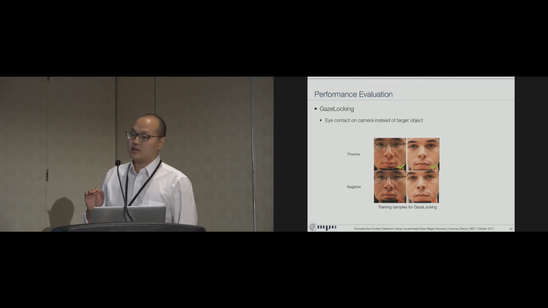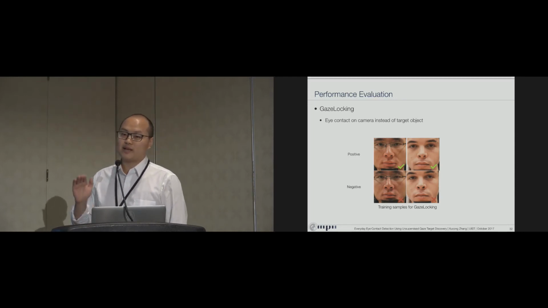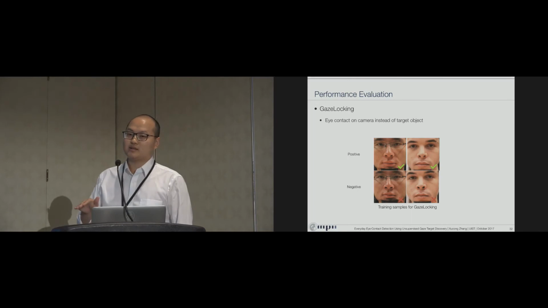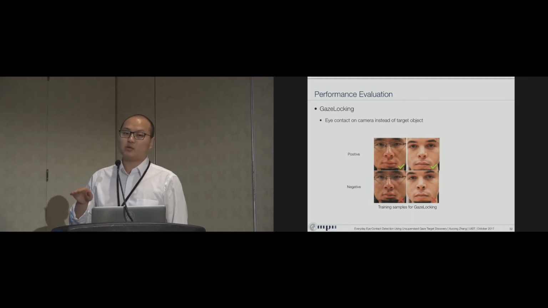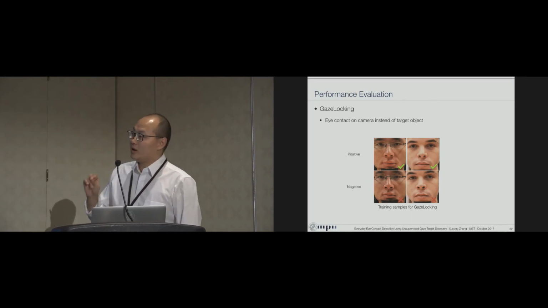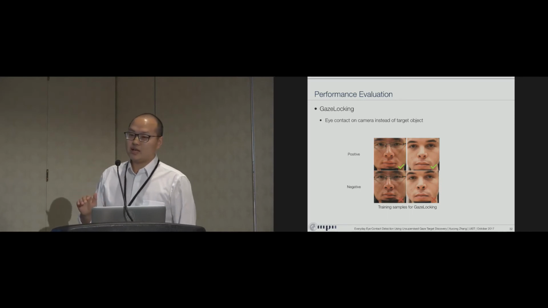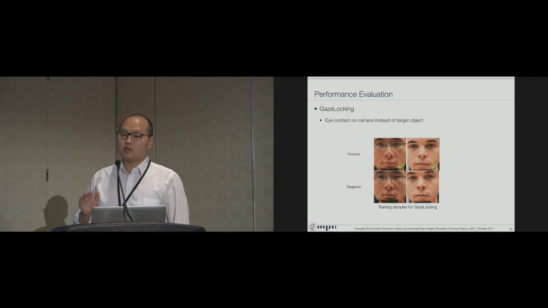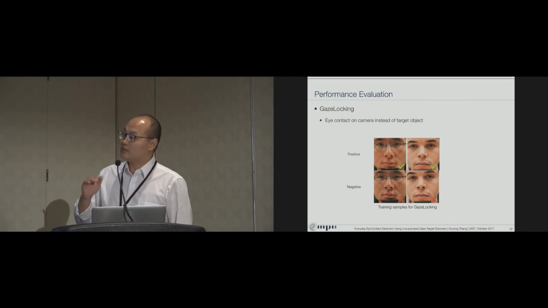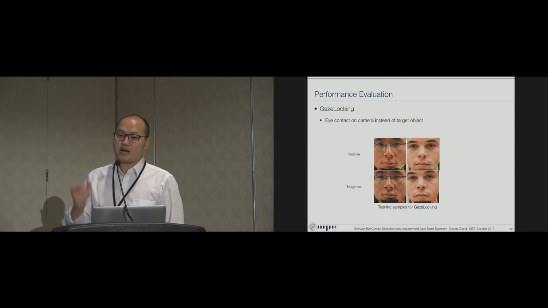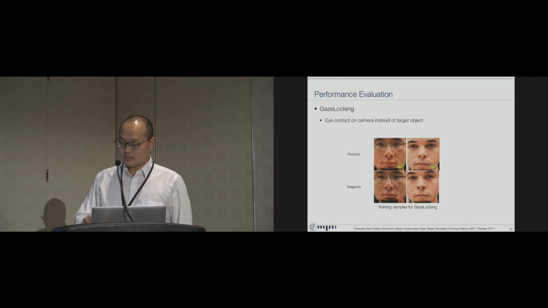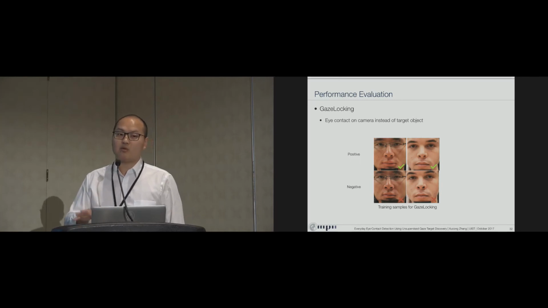The first row is the person looking at the camera, and the second row is just 5 degrees off the camera direction. But the second row could actually be positive in the real-world case, especially in our evaluation data set. And the fourth row, directly looking at the camera, should actually be negative because the camera is not our target object.